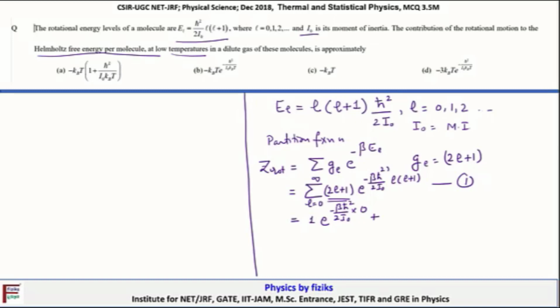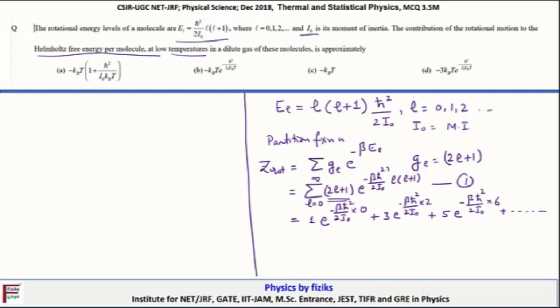Plus the second term: when we put L equal to 1, the degeneracy 2 into 1 plus 1 gives a factor of 3, and L into (L plus 1) gives a factor of 2. The next term with L equal to 2 gives a degeneracy factor of 5, and L into (L plus 1) gives a factor of 6, and so on, plus higher order terms.